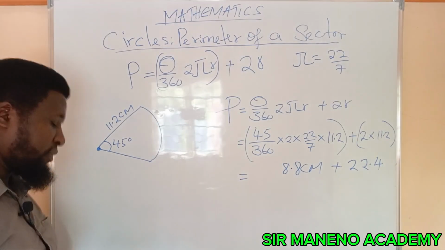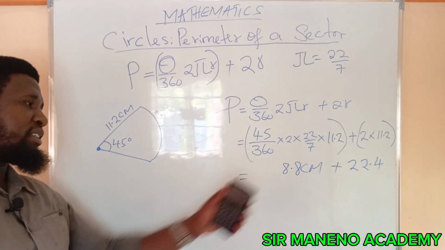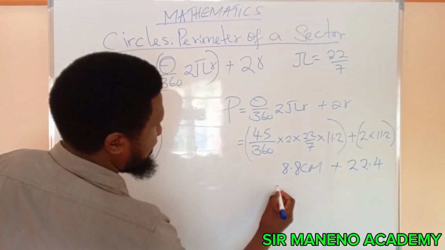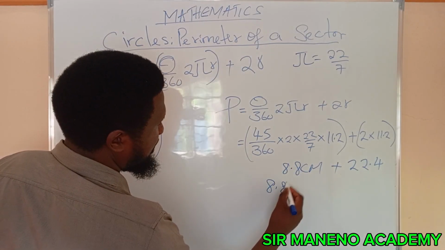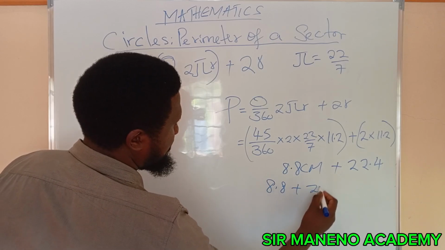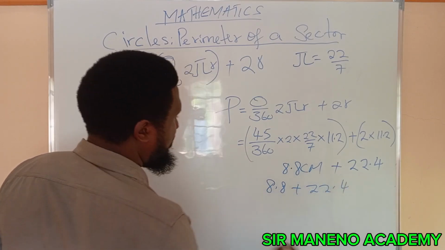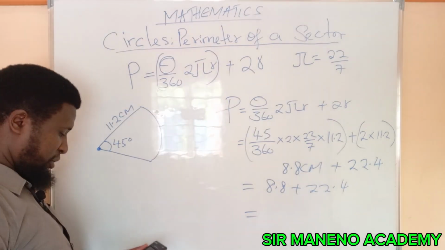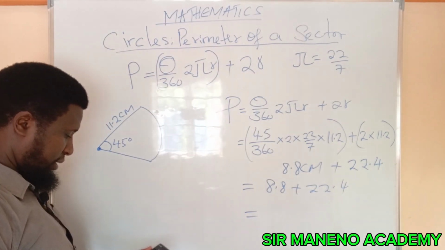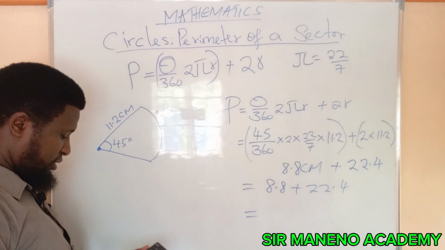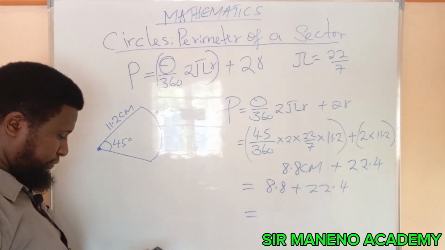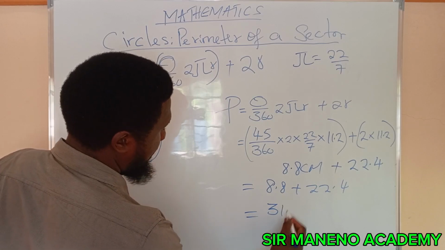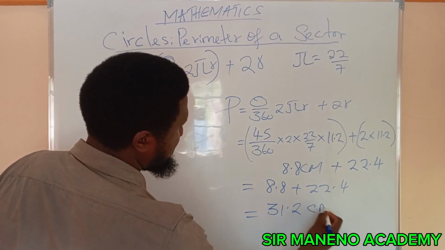After this, we now add 8.8 plus 22.4. So what do you get? The answer is 31.2 centimeters.